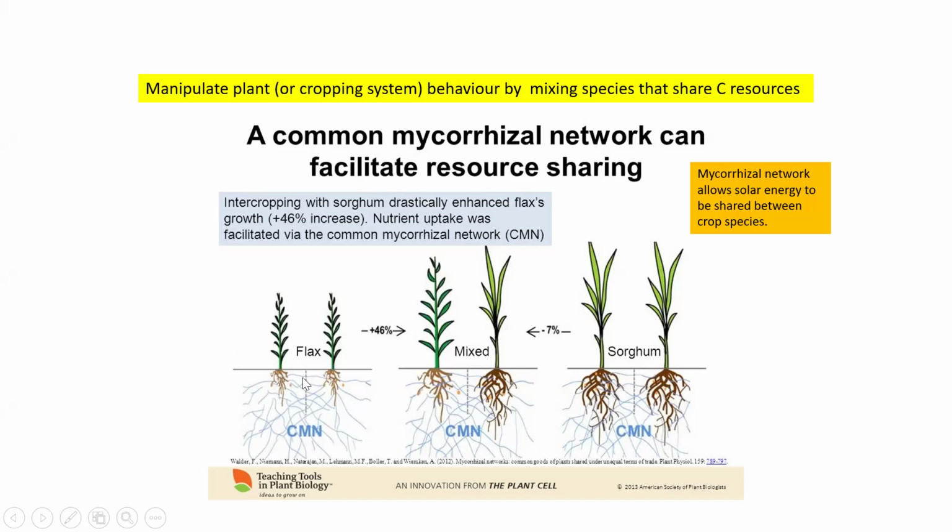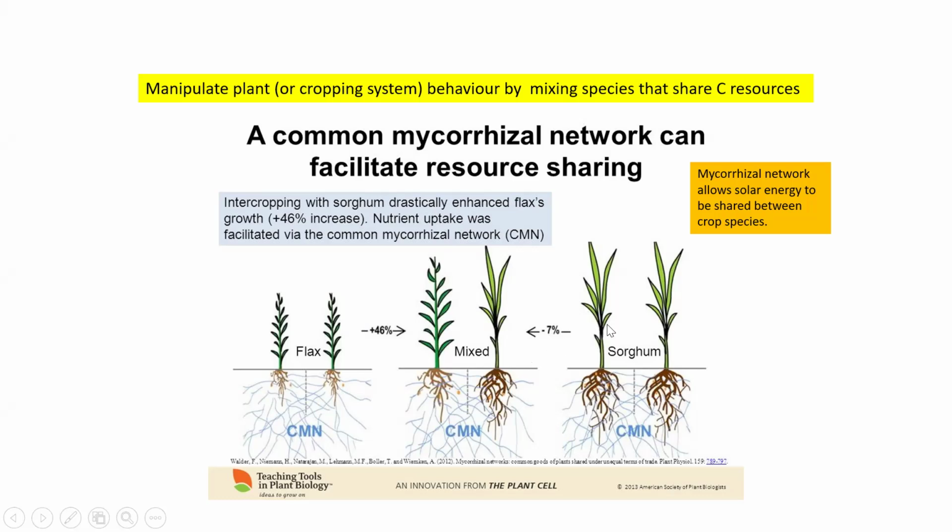Here we have flax growing by itself. Here we have sorghum growing by itself. They both are connected through their mycorrhizal network. But when we grow them together, the flax plant is much larger. In this experiment, it increased by 46%, and the sorghum only reduced its growth by 7%.